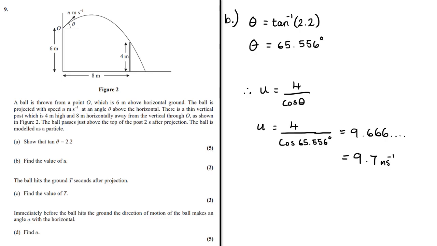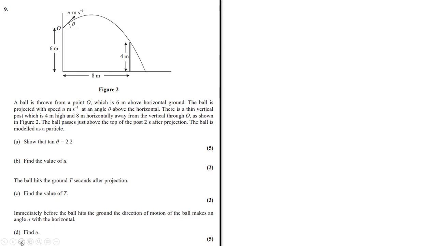Now for part C, we're told the ball hits the ground t seconds after projection. We need to find the value of t. In this case, what we need to do is consider the vertical motion. Before we start, I'm just going to clear the screen so we've got enough room. Again, because it's projected initially upwards, I'm going to take upwards as being positive.